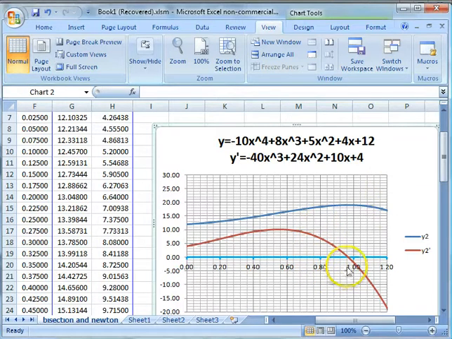The derivative is the function that we have here in red, indicated as y2 prime, and the value is 0 at about 0.97 or 0.98, and that's where we obtain the maximum value for the original function y, or in this case y2.